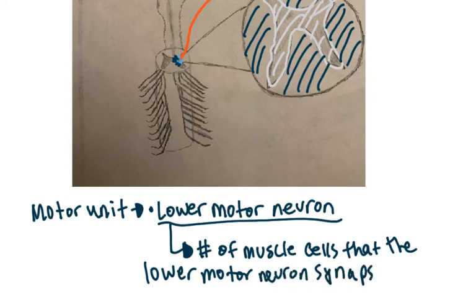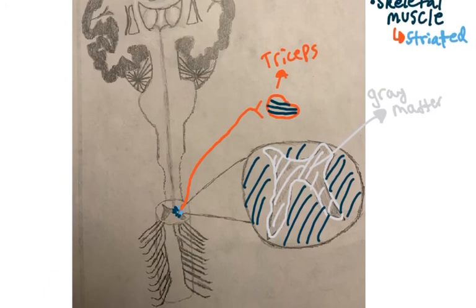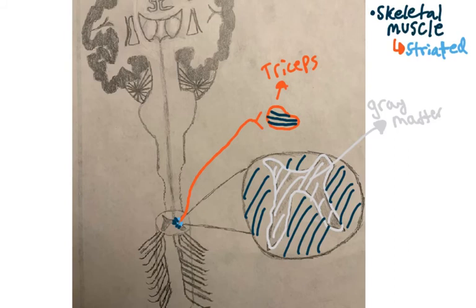So pretty much, let's not draw the triceps muscle as a whole. Let's say we had our soma and our dendrites, and let's say our lower motor neuron projected its axon out and synapsed. Let's just draw muscle cells in green, right?